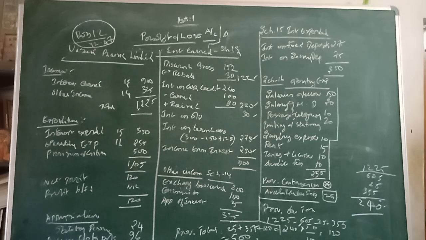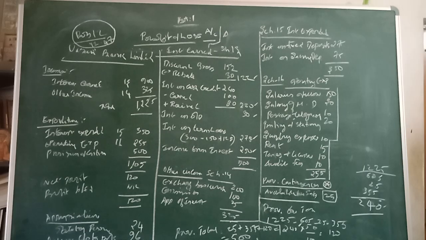Previously it was 10%, 15%, whereas now it is fixed at 20%. That 20% should be calculated on net profit. The current net profit is 120. On that, 20% comes to 24 rupees. Okay, that we have to take.